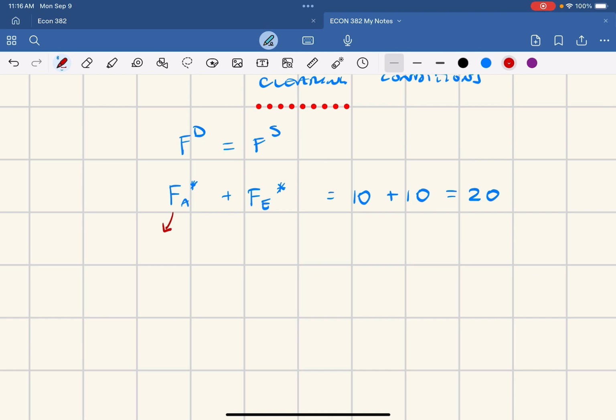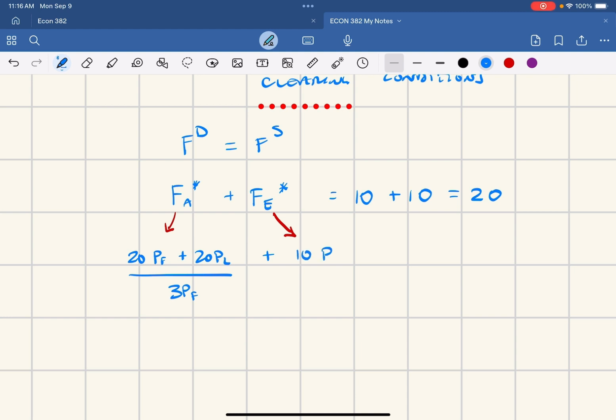And so here's where we can then plug in the demand for Adam, which we solved previously for figs, is 20 PF plus 20 PL divided by 3 times the price of figs plus, and now we're going to put in the demand for Eve that we just solved for figs, which is 10 PF plus 10 PL divided by 3 PF, and this has to equal 20.